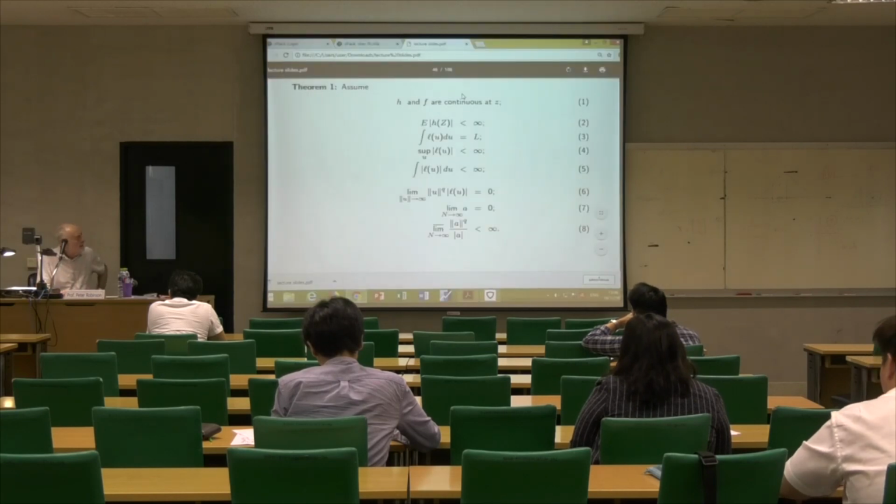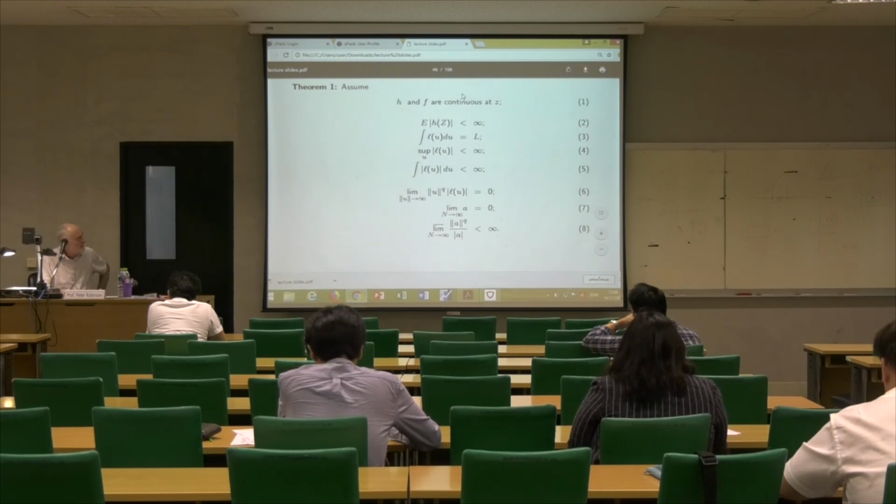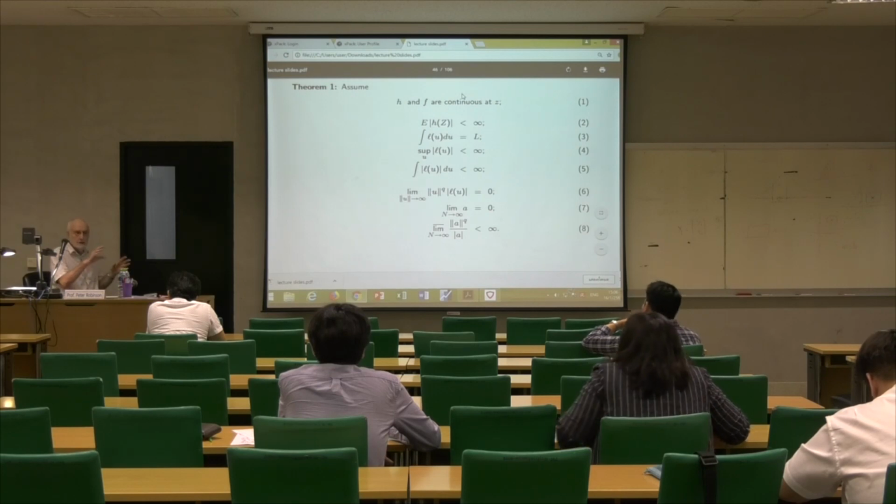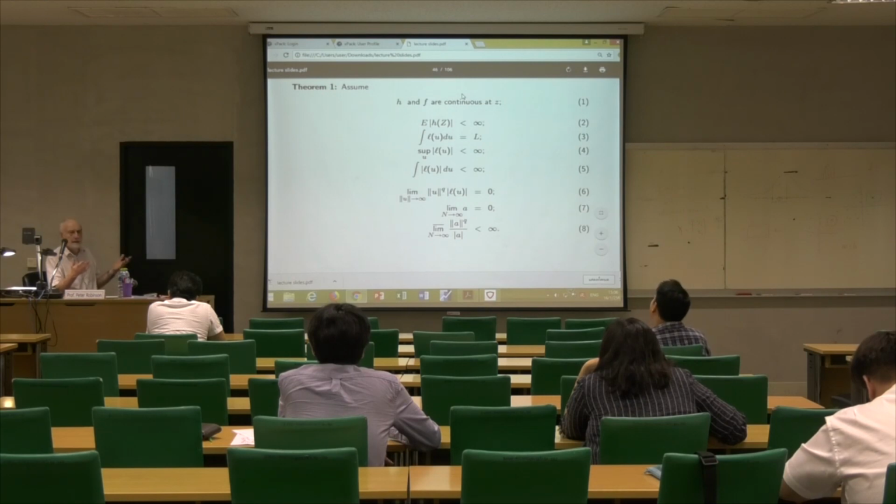Switch back again. So we need that assumption, it turns out, on both H and F: just continuous at the particular point of interest, Z. But again, in practice we want to estimate the function at the whole set of points and then look at a picture of what the estimates look like. Then we can say, does H look at all linear in Z, for example?